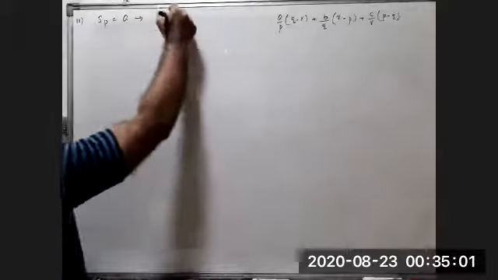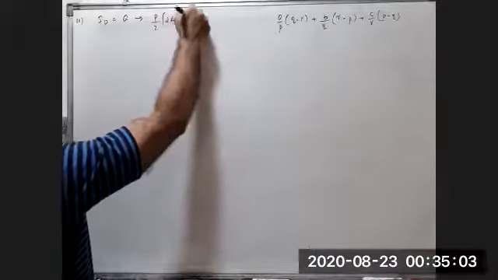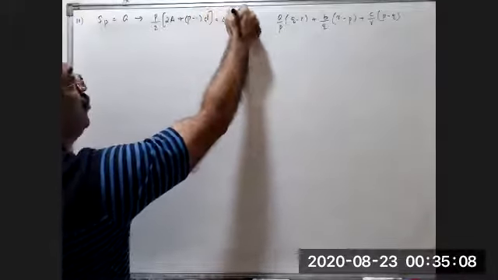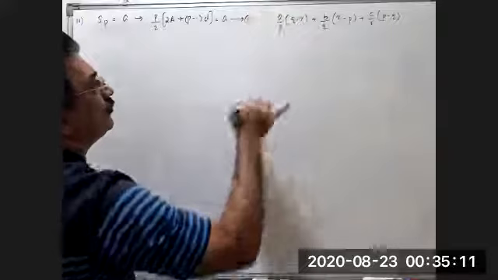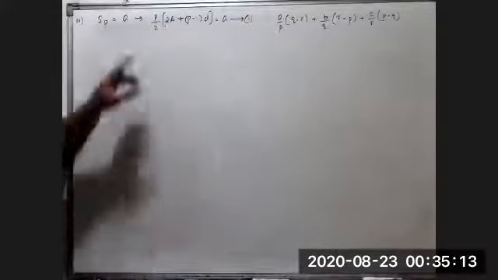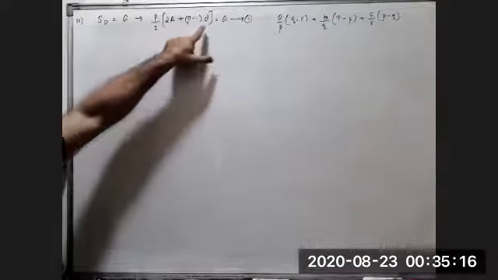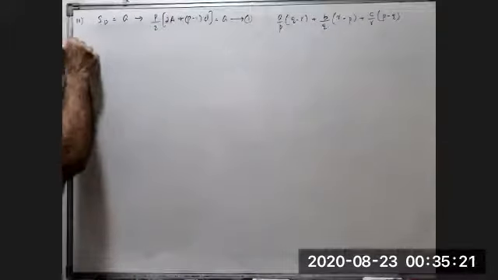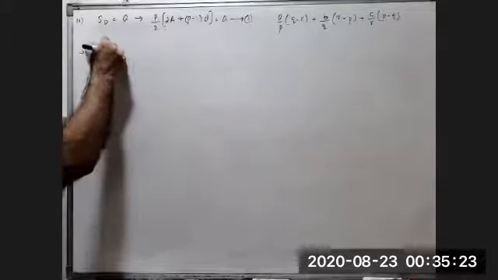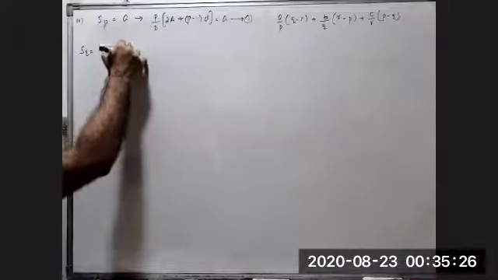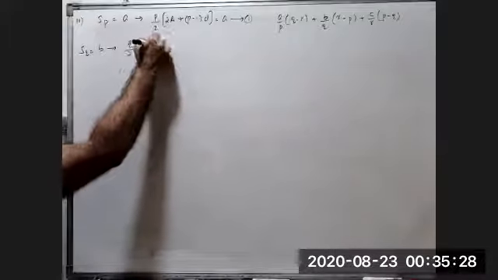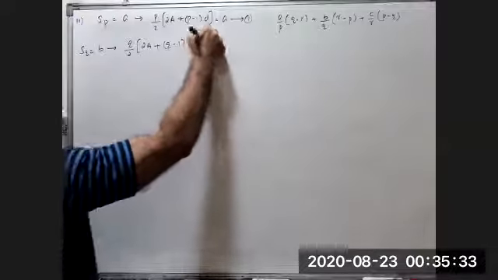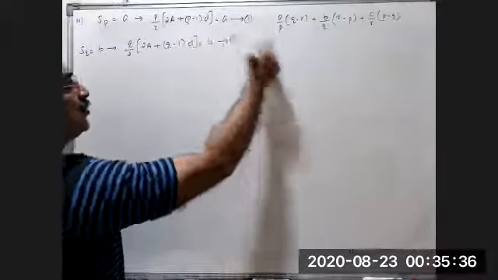So P by 2 into 2A plus P minus 1 into D. This is equation number 1. P by 2 into 2A plus P minus 1 into D is A. Then SQ is B. From that we can write Q by 2 into 2A plus Q minus 1 into D. That is B, equation number 2.